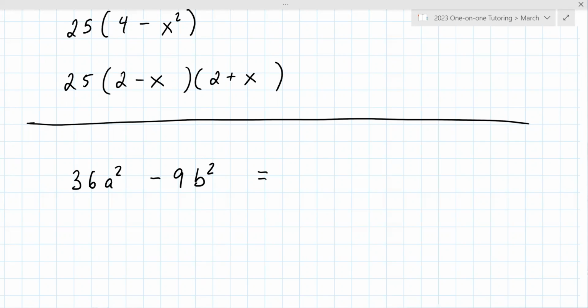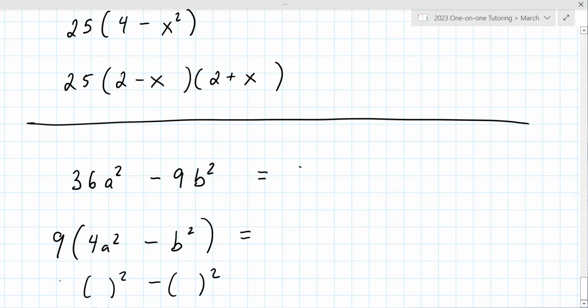I've been tripped up by the variables. They're different. Yeah, so let's start with just the GCF here. So that becomes 9 times 4a squared minus b squared. And then your goal still is to figure out, well, what is it squared minus what is it squared? In this case, it's 2a and just b.